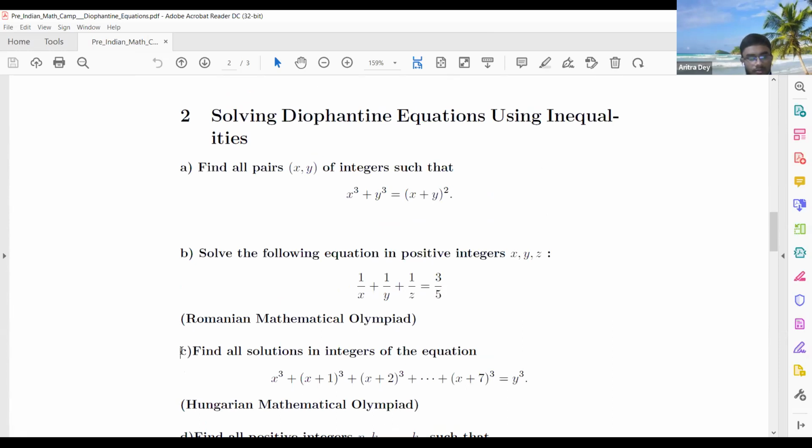Now try this one. Let's see what we can do with it. We have to find all the solutions for this equation. No solution. Why?